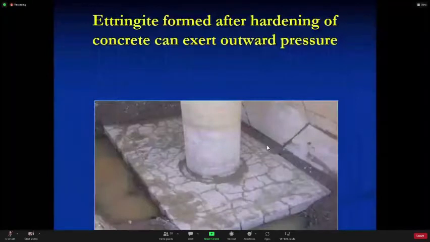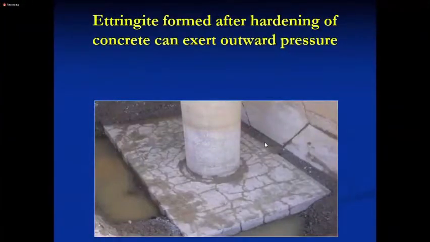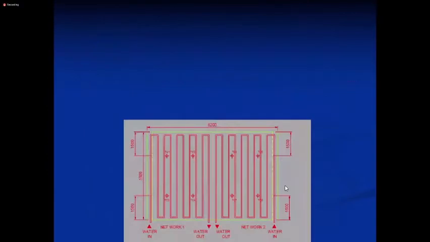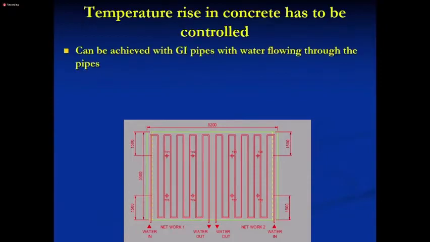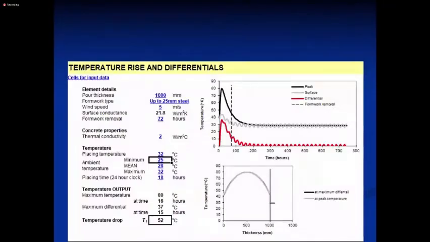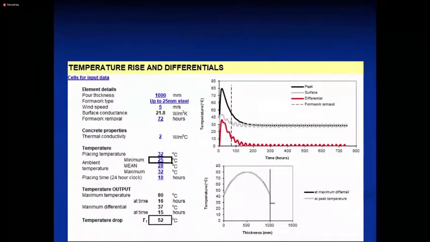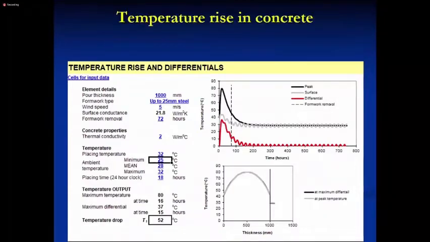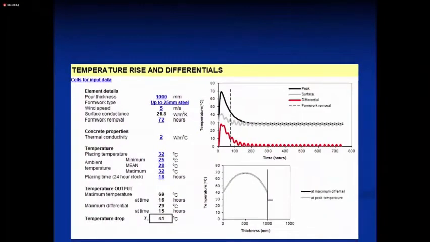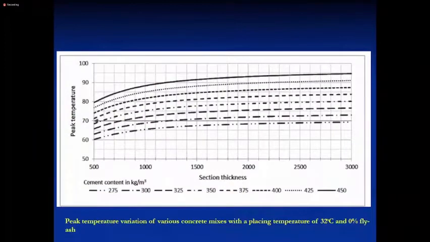So this happens because of not enough steel and too much temperature. And how do you reduce the temperature? By having steel tubes and circulating water. And there's software to determine the total maximum temperature, and we calibrated that software and developed these curves.